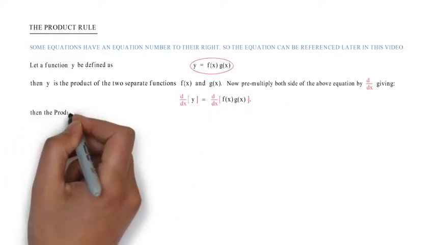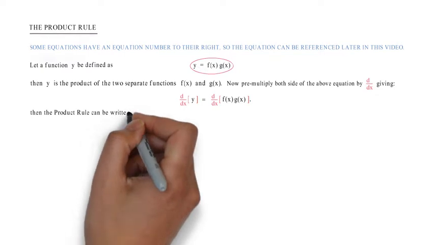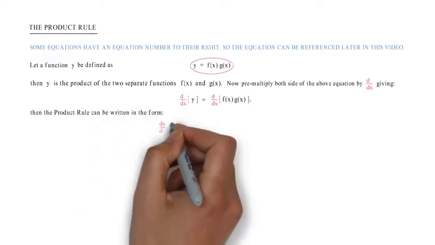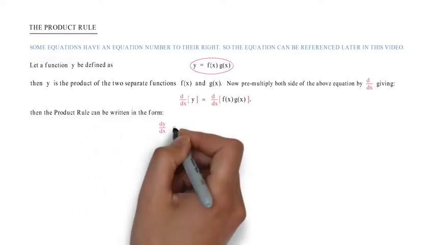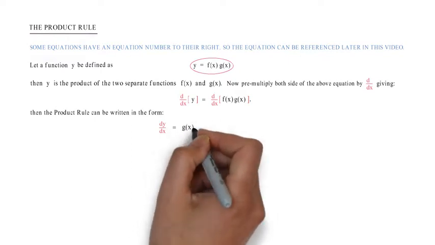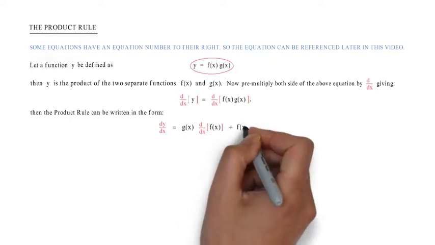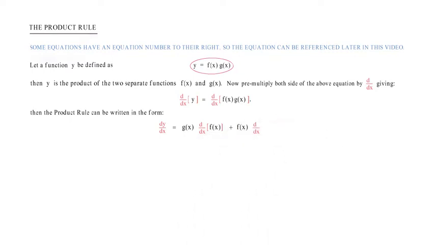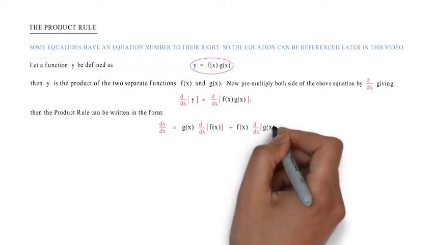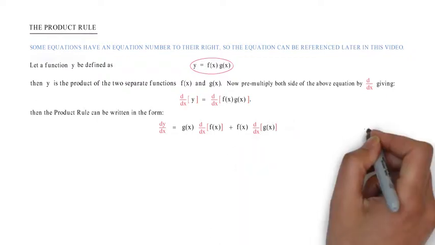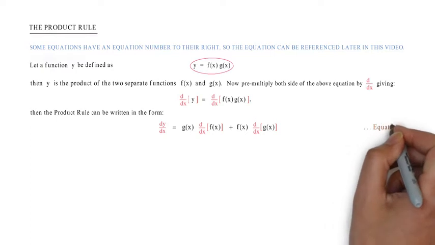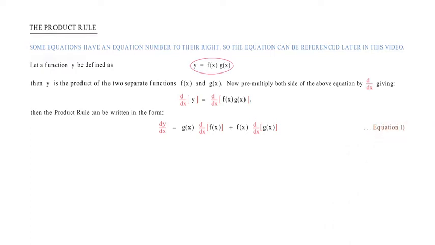Then the product rule can be written in the form dy/dx equals g(x) times d/dx of f(x) plus f(x) times d/dx of g(x). Call this equation 1.